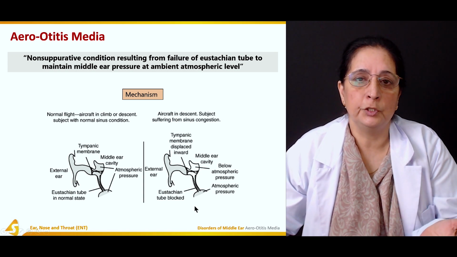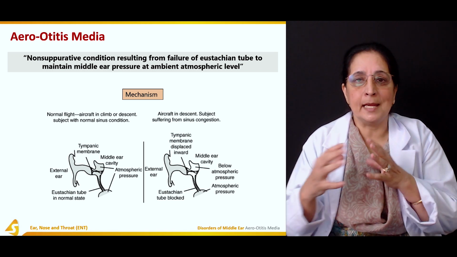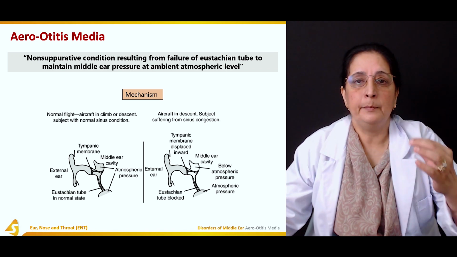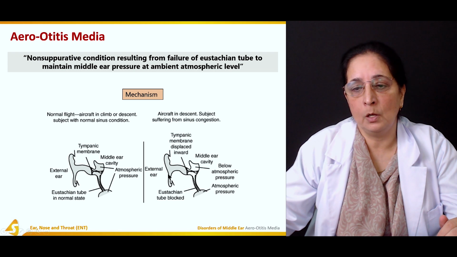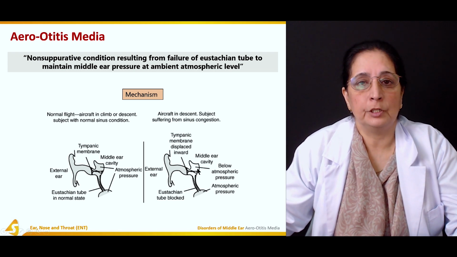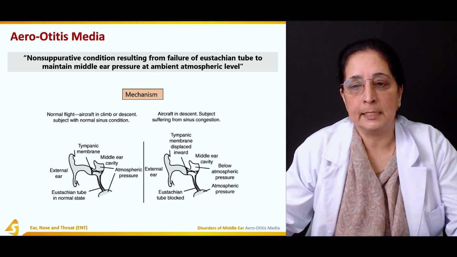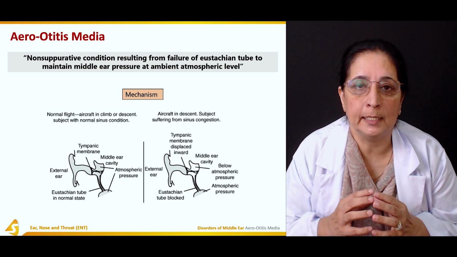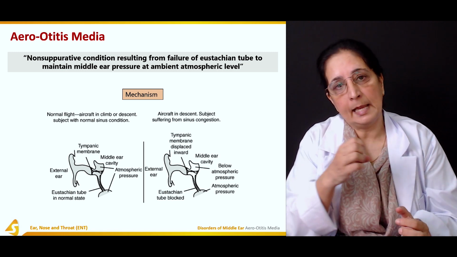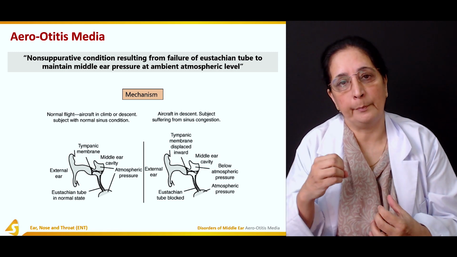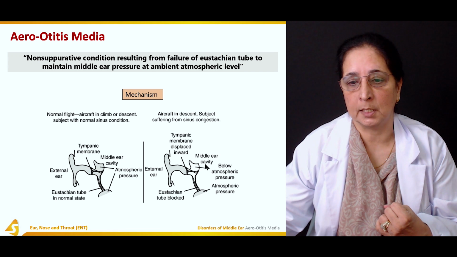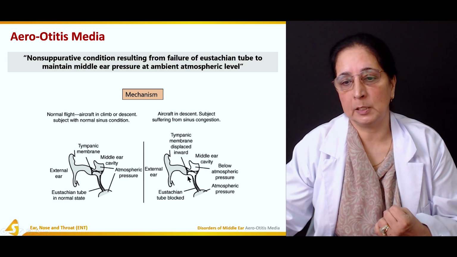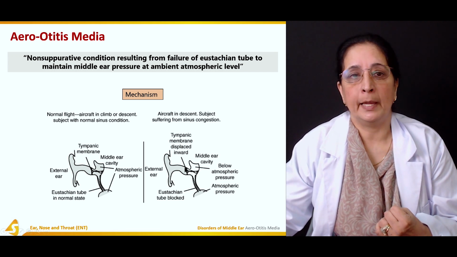the eustachian tube won't be able to maintain that pressure in the middle ear, so there is low pressure in the middle ear cavity, and that creates negative pressure in the tympanic cavity. That negative pressure pulls the tympanic membrane backwards. This is the inward displacement of the tympanic membrane.